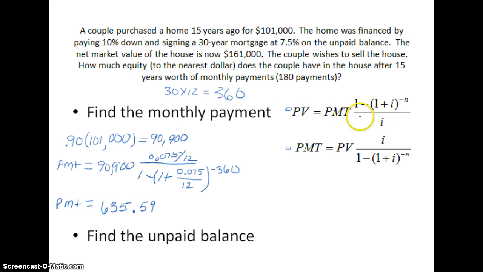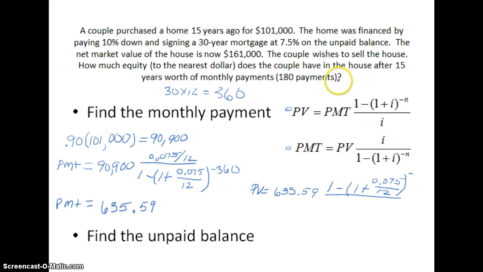So this time we have present value is equal to payment amount of $635.59. Put our fraction, so 1 minus parenthesis 1 plus our interest rate. And again, we need to figure out the N value.